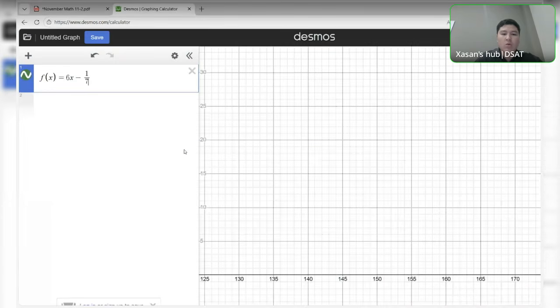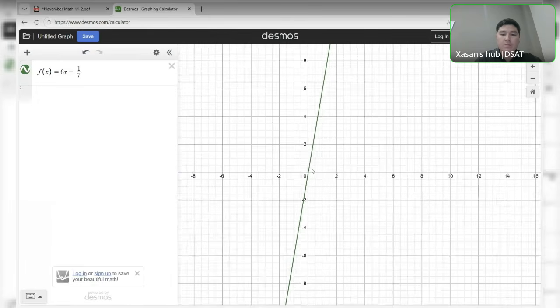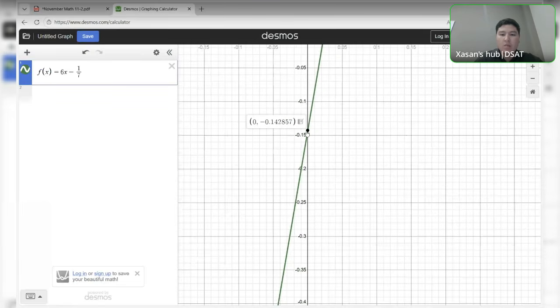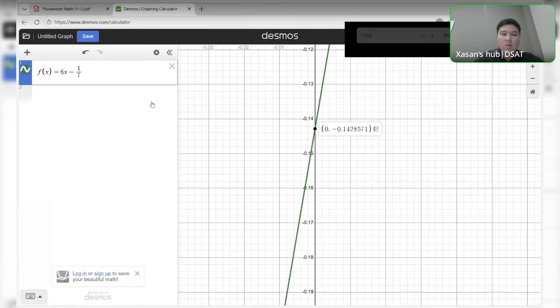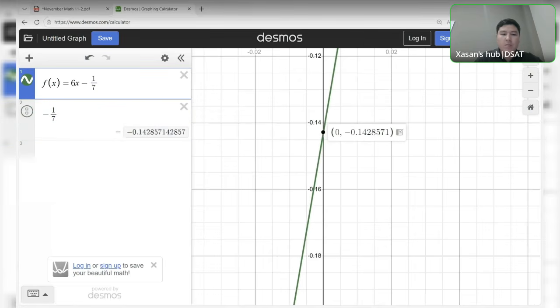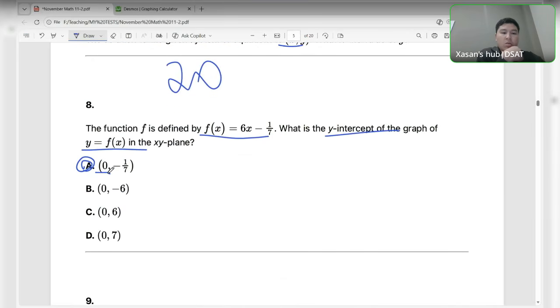And guys, negative 1 over 7 itself is the y-intercept, which equals this number. So now the answer is A here, because at the value of x 0, the value of y was negative 1 over 7.